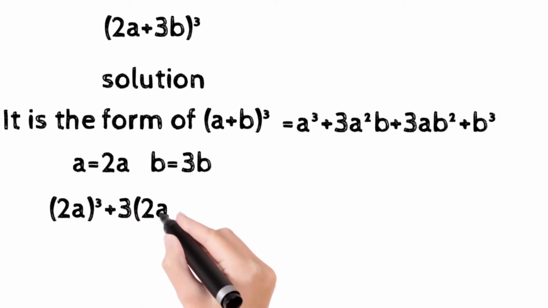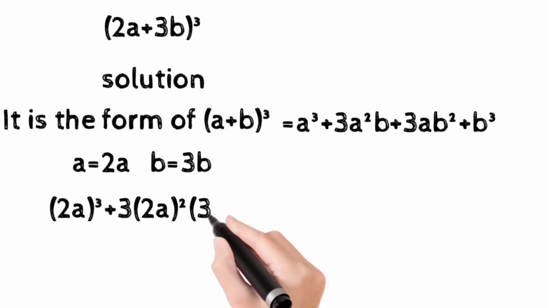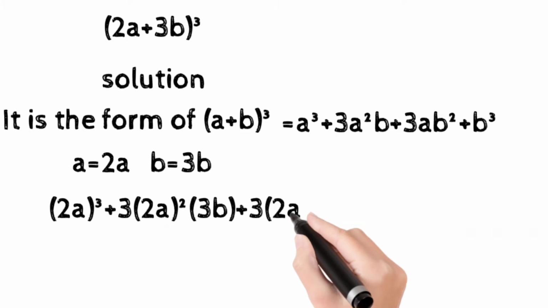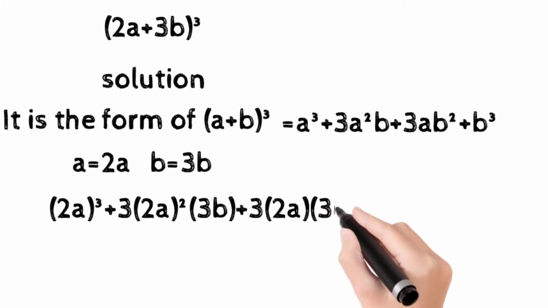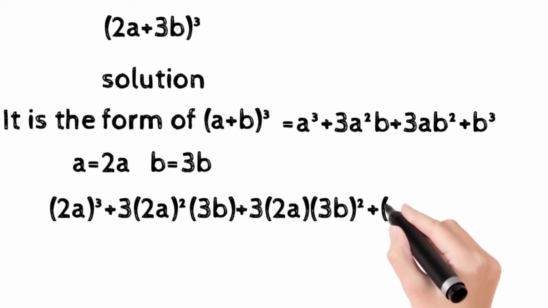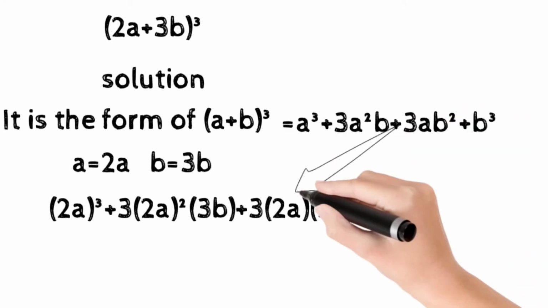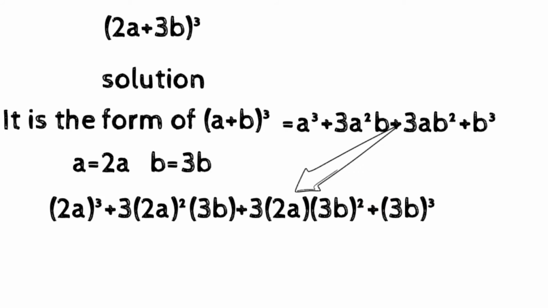We will replace a with 2a, so it will be (2a) cube plus 3 times (2a) square times b, and b will be replaced by 3b, then plus 3 times 2a times (3b) square plus (3b) cube. Now what we need to do is simply multiply each term according to the given power.